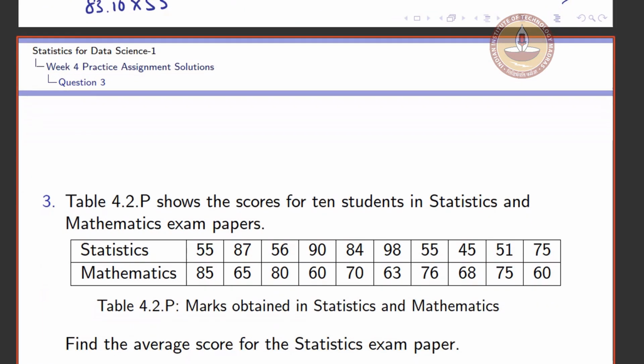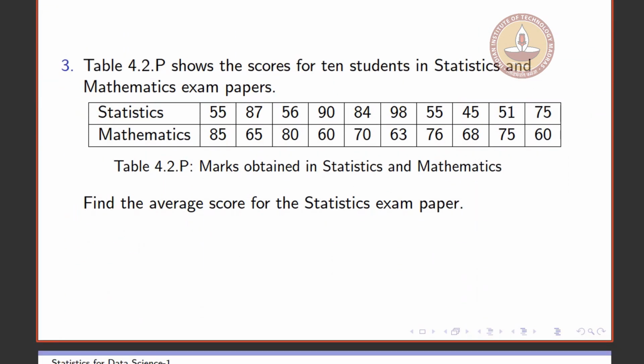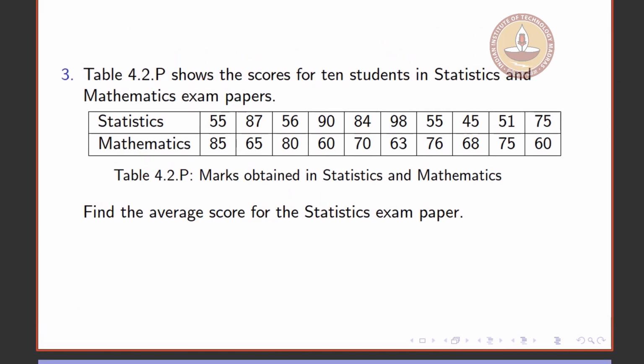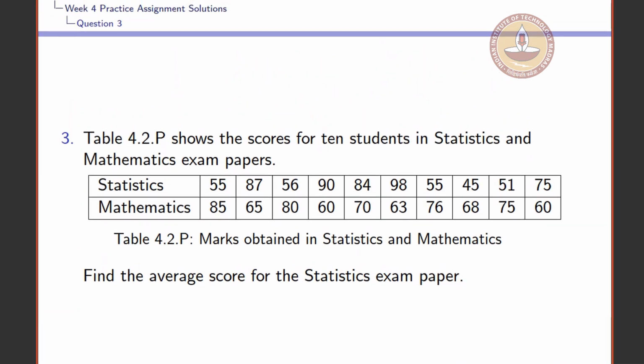Now let's move to our next question. Question number 3 says, we are given a table which shows the scores of 10 students in their mathematics and statistics exam paper. In this column we have the statistics marks for 10 students, and this is the mathematics marks for 10 students.